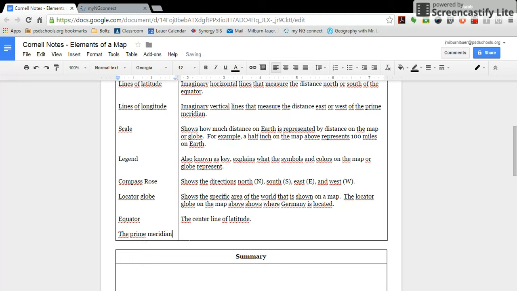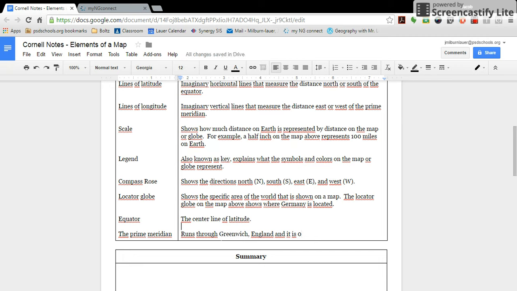If I'm on a computer, I can just press return and it gives me more space. You may have to create another sheet, or you may have already had to do that since you're taking notes in your notebook. The prime meridian runs through Greenwich, England, and it is 0 degrees.